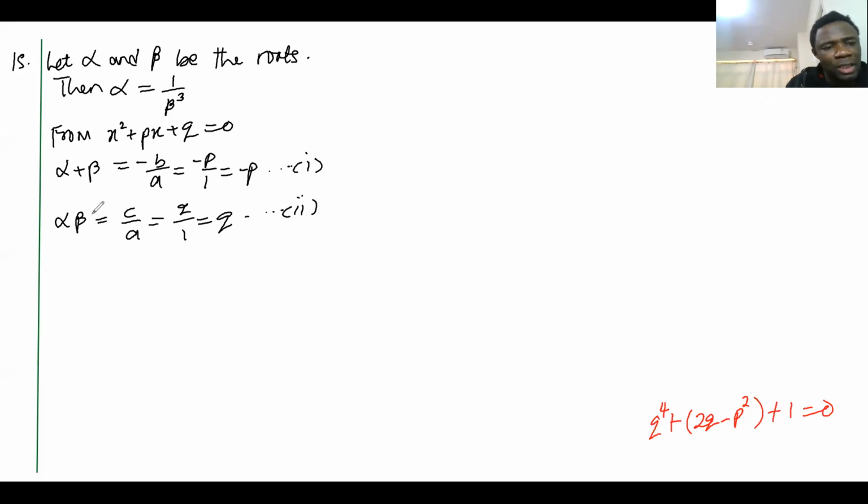So let's say from equation 1, alpha plus beta is equal to negative p. So your alpha is now 1 over beta cube, so 1 over beta cube plus beta equals negative p. Well, that's not giving us something that makes sense. Okay, how about we do 2 first? Let's do 2 first.